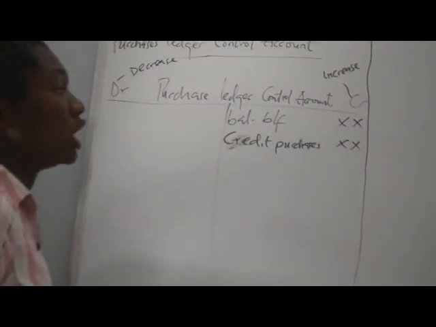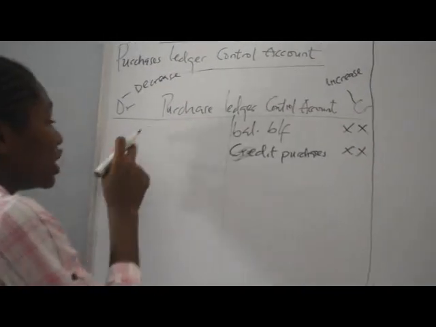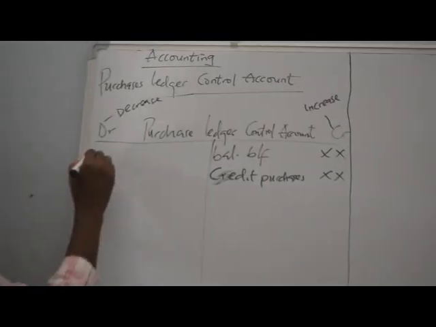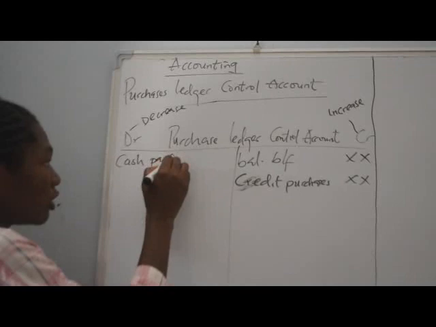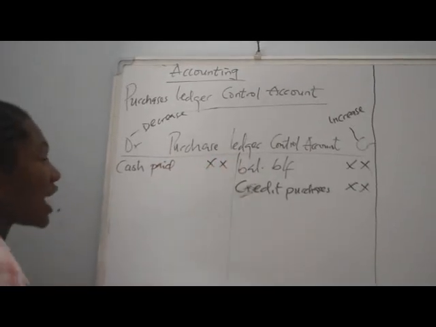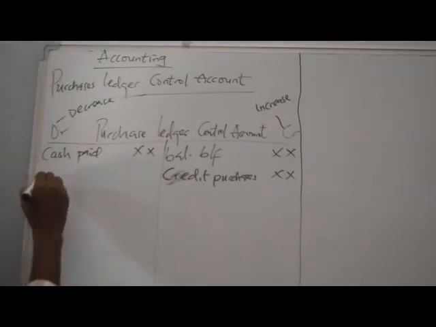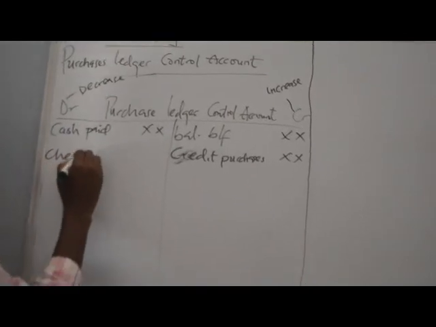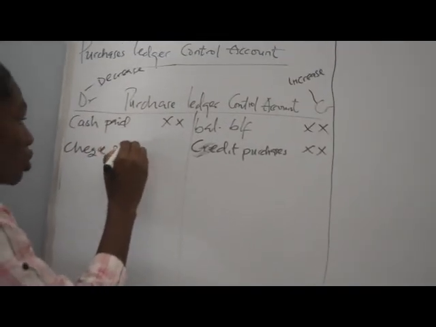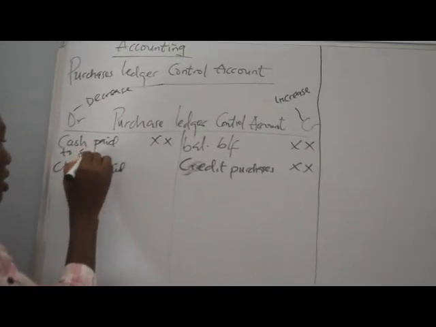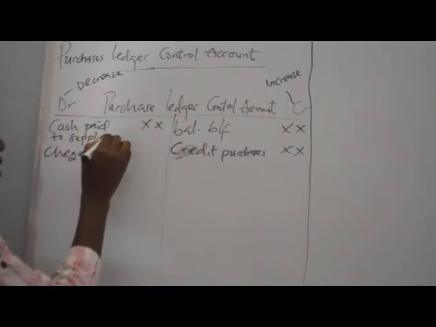Now on this side we have the cash paid, all right, or cash sent, all right. Any of the English is still correct. So cash paid to our suppliers or the check paid to them in case of transfer or drawing of check. Okay, so check paid to suppliers, all right.